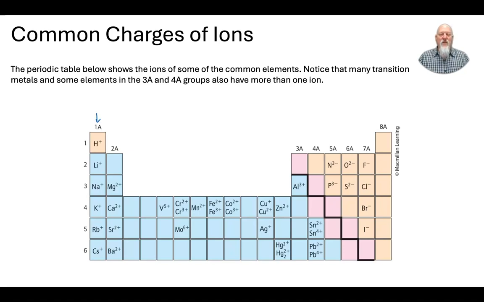All of them lose that 1 valence electron to become ions. The alkaline earth metals all have 2 valence electrons. So when they become ions, they lose both those valence electrons. Aluminum has 3 valence electrons, so when it becomes an ion, it loses the 3 valence electrons and it becomes an ion, aluminum 3+.